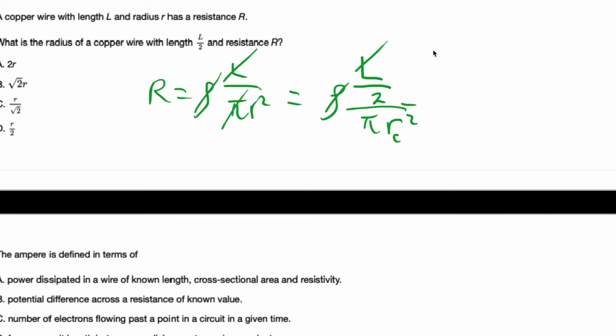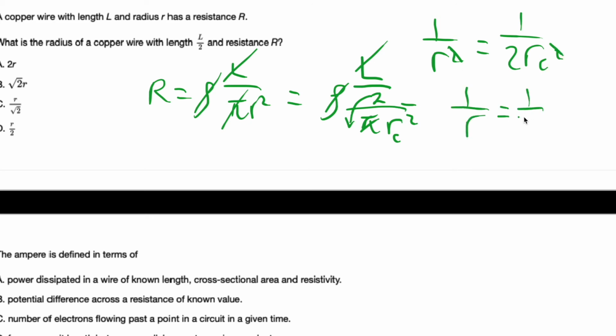So this is going to be something like this. 1 over R is going to be equal to 1 over 2 R_C squared. So R also cancels off. Oh, sorry, you cannot cancel all the squares here.